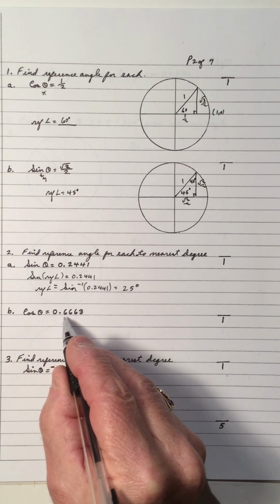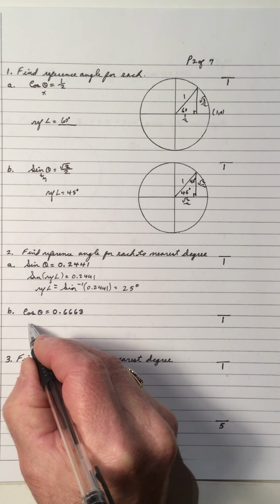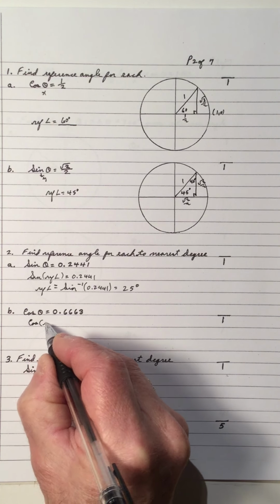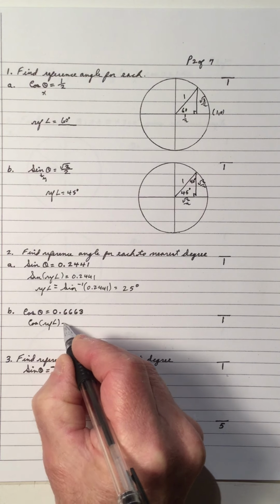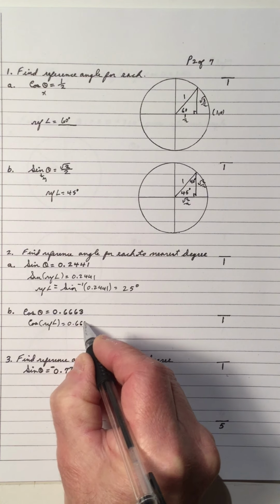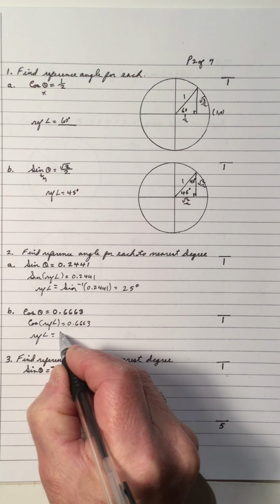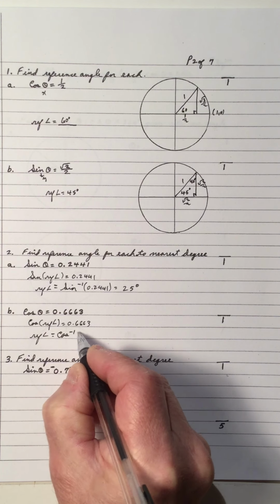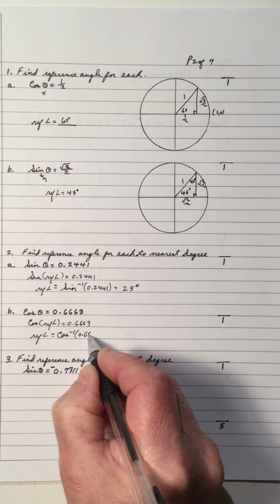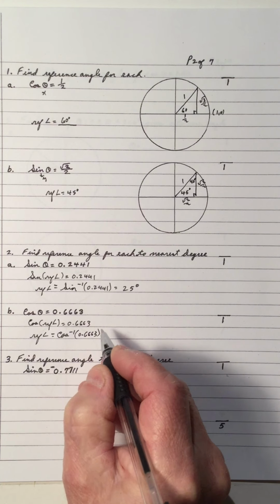The cos of 0.6663. Again, the cos of the reference angle is what you use when your decimal is positive, which it is here. So the reference angle is equal to cos to the -1 of 0.6663.